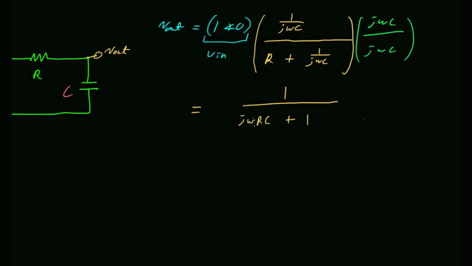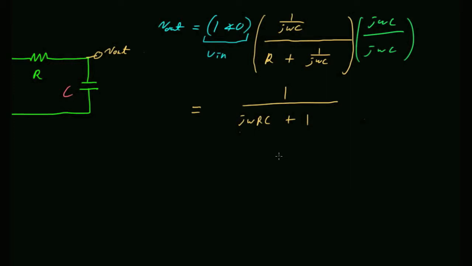Now I got to divide. I got a few options here. I don't like any of them. I think my best bet is to do numerator divided by denominator, and probably the cleanest way is to convert the denominator into polar form. Then it's pretty easy to do my division.